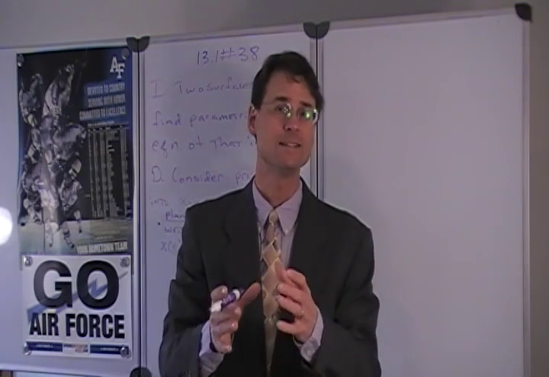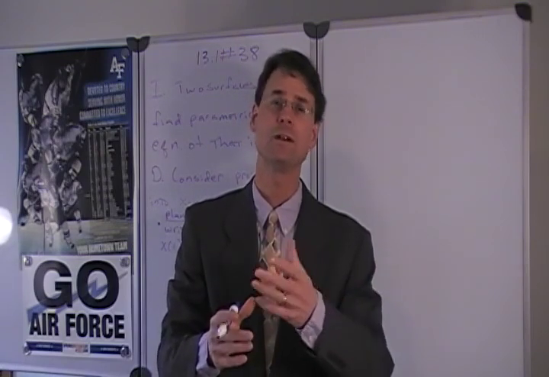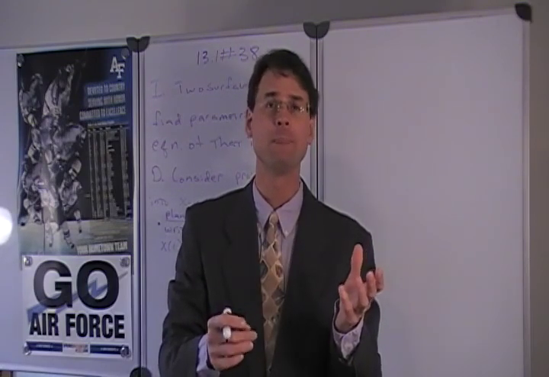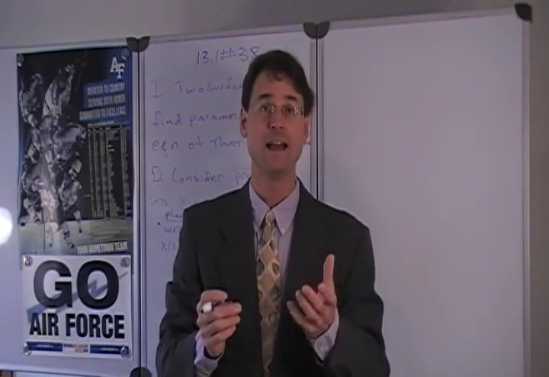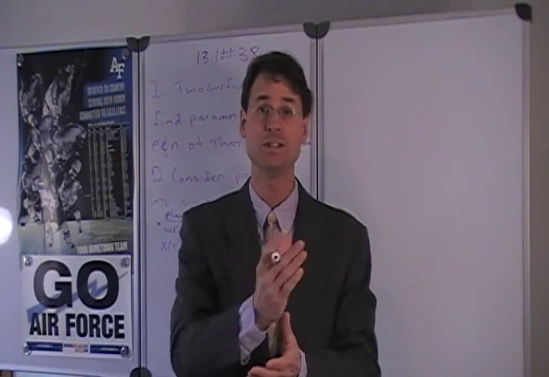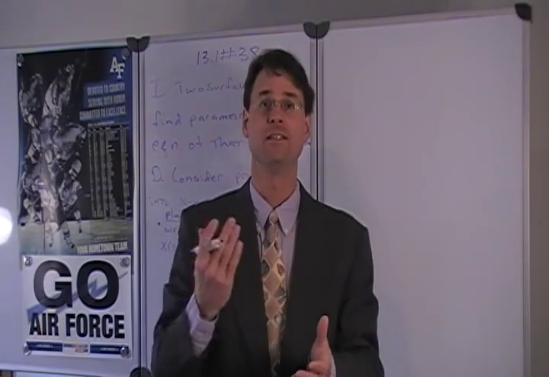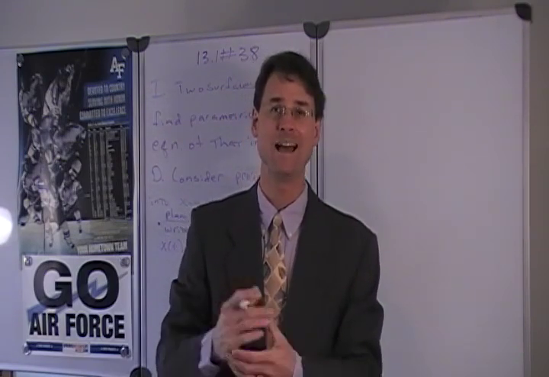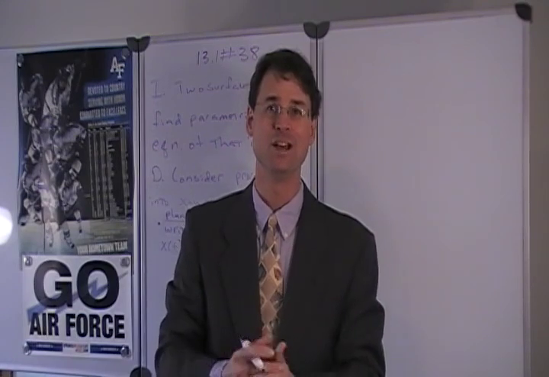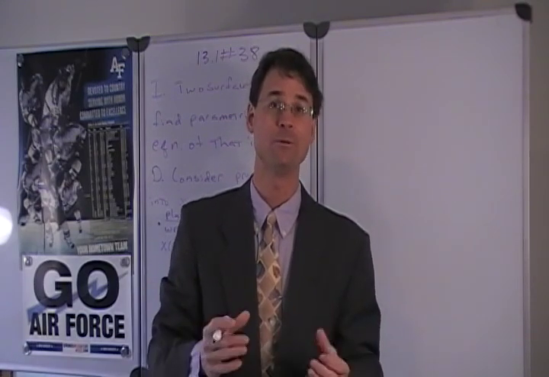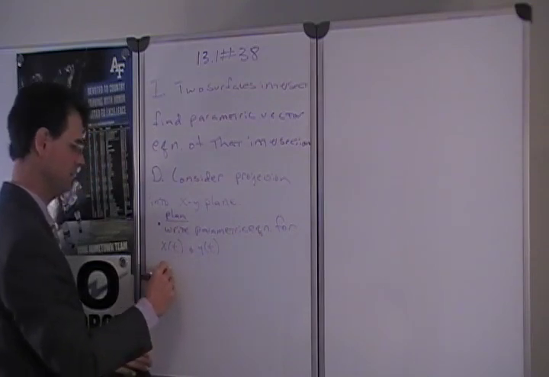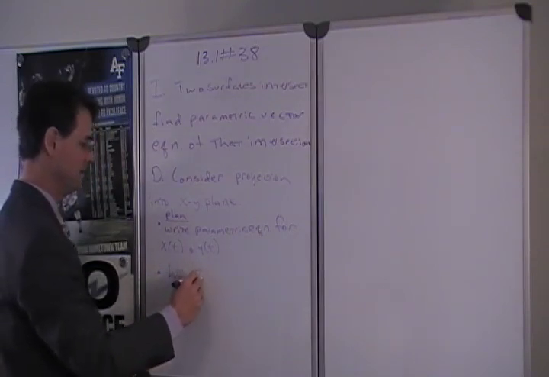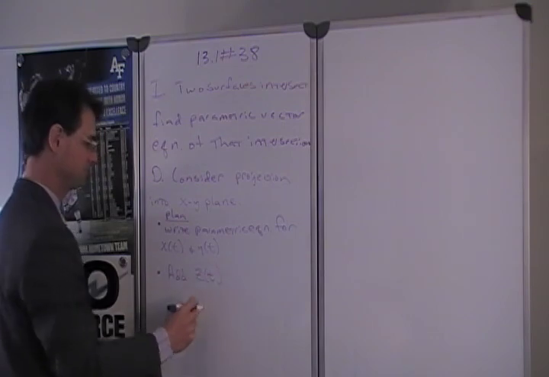But we can attack this a little more simply if we first think about, okay, let's just think about z equals 0, what's happening in the xy plane, and then once we describe the projection in the xy plane, then all we need to do is add the 3rd dimension to the vector parameterization. So then we add z of t.